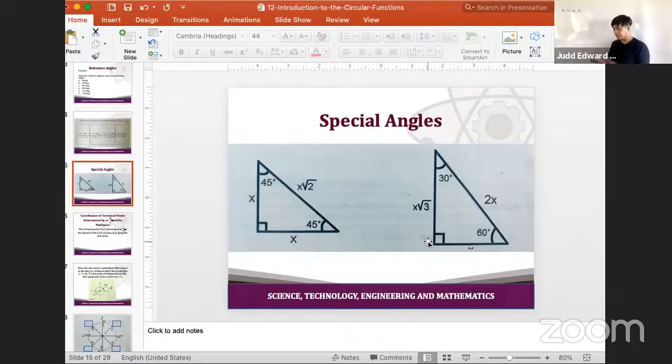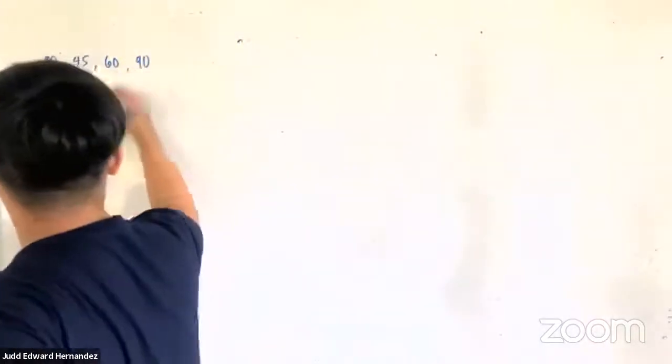Okay, so based on the special angles, we could finally formulate special triangles. Okay? So, dito natin ngayon masasolve yung mga values nung kinuha nating reference angle kanina. Okay. So, mag-start tayo with 45. So, let's start with the 45, 45, 90 na special triangle.